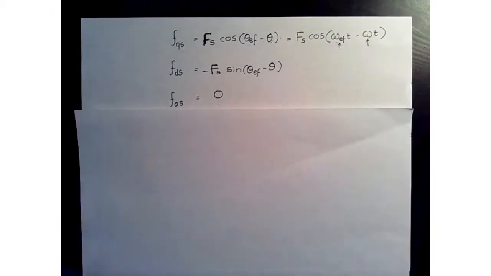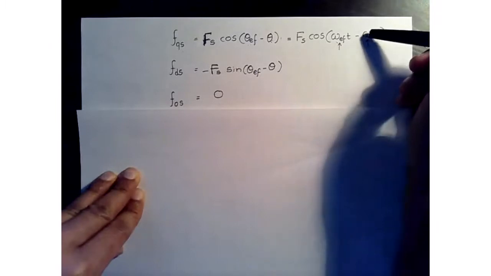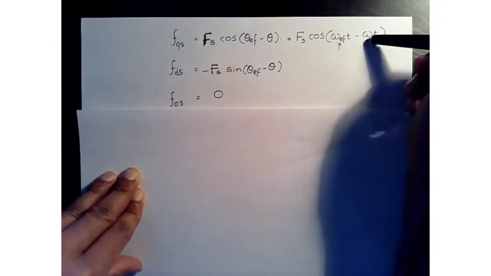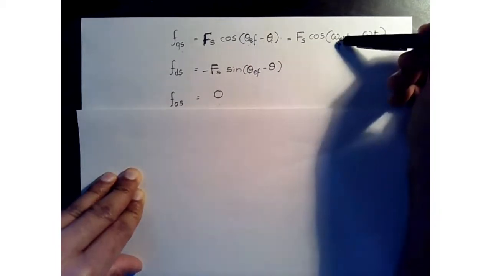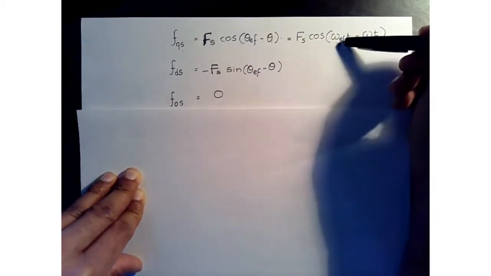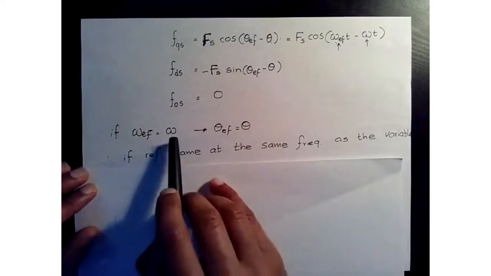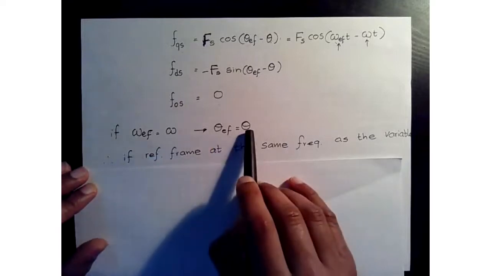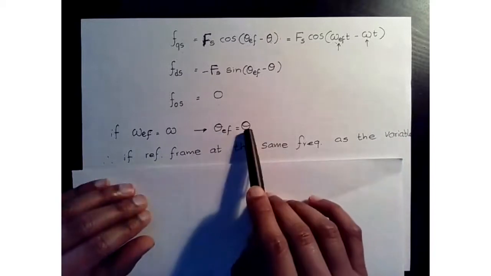Now what I want to do is, instead of looking at these signals from this arbitrary reference frame, let's get to the same speed as the signal. Why not rotate at the same frequency as the signal? Now we can see what is going to happen. When we do that, omega EF becomes omega, theta EF becomes theta, assuming there is no offset between the two signals.